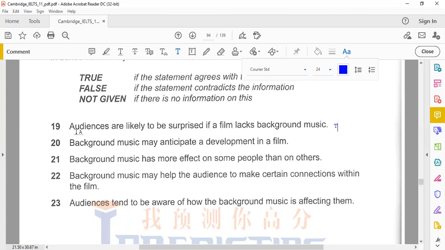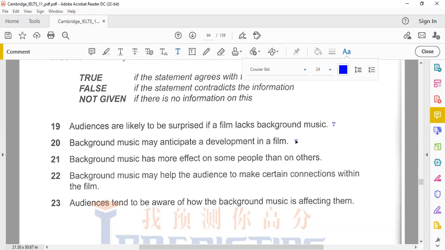All right, true. And background music may anticipate developments in the film. True. So the role of background music is very important in films.